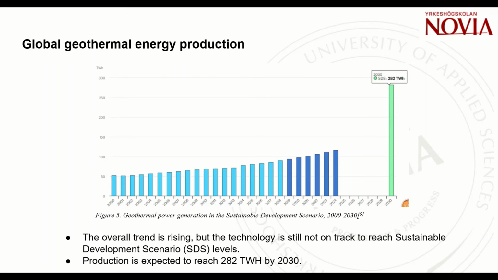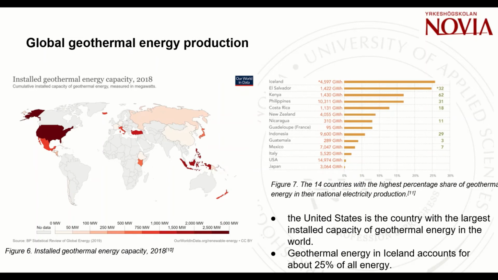Geothermal power generation in 2018 is estimated to increase by 5% compared to the average growth rate of the previous 5 years. It is estimated that the power generation capacity will reach 282 TWh by 2030.